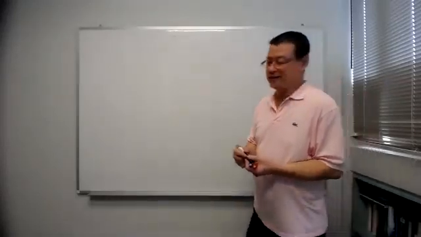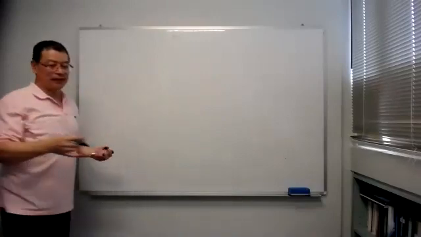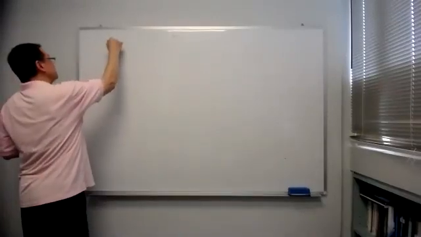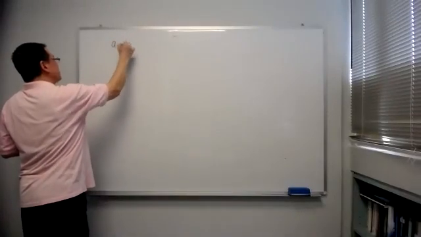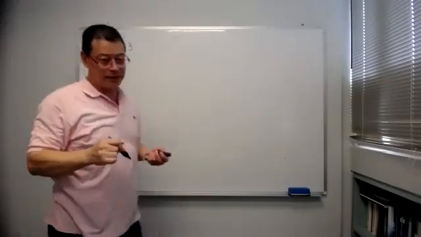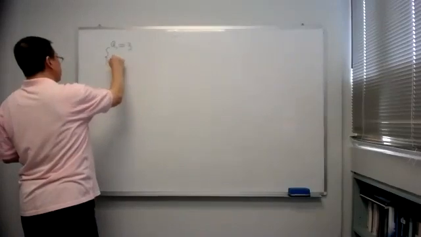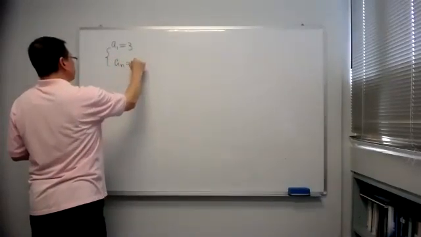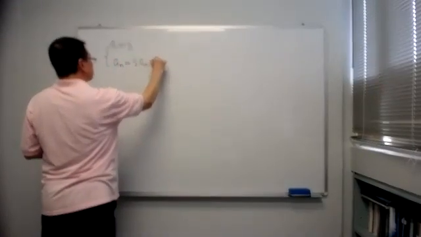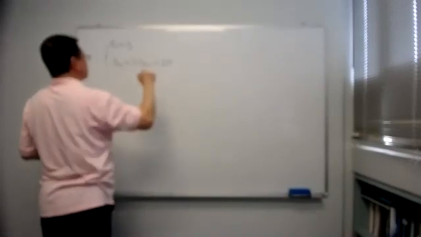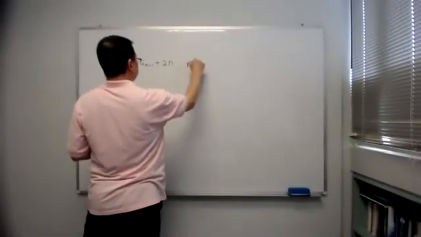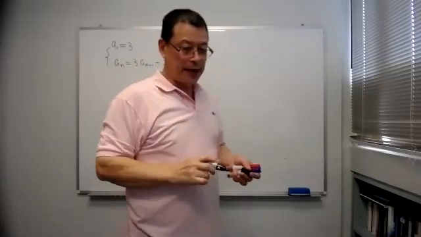All right. So in order to avoid mistakes, I just use a1 equals 3. Let's see, it's the one: an equals 3a(n-1) plus 3n. Okay.